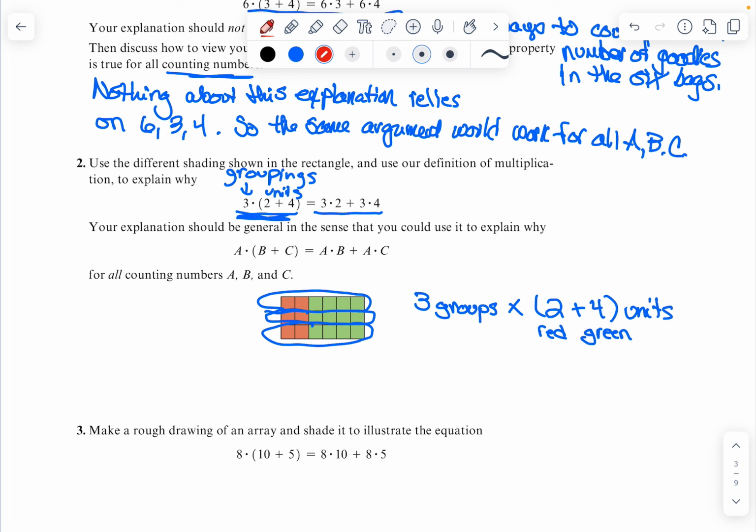If I look at it another way, though, right, I can look at just the red squares. So I have 3 groups times the 2 red squares. And I can look at just my green squares. So I have 1, 2, 3 groups times 4 green squares.